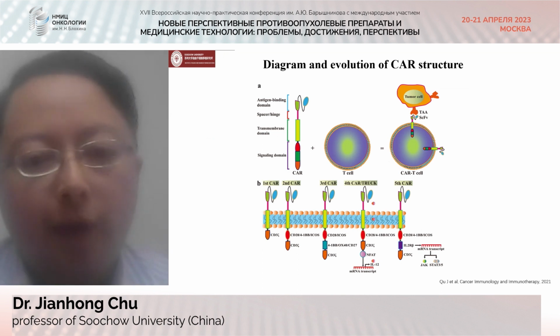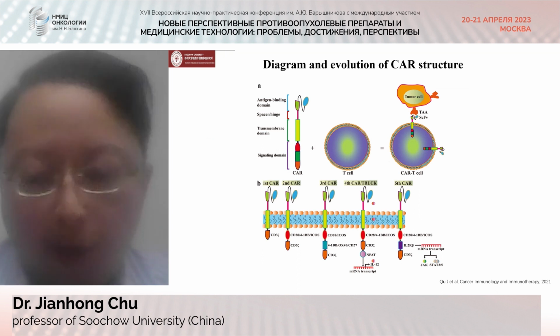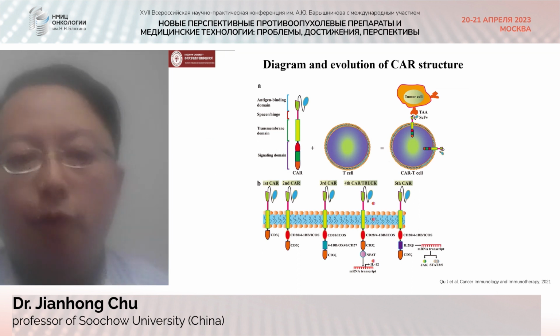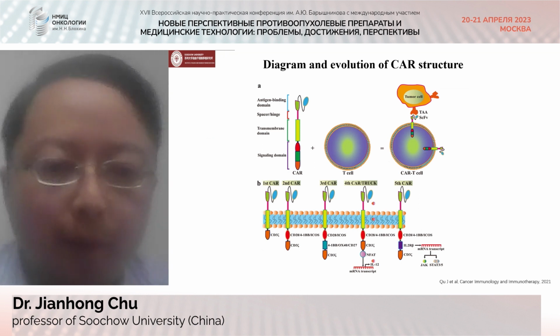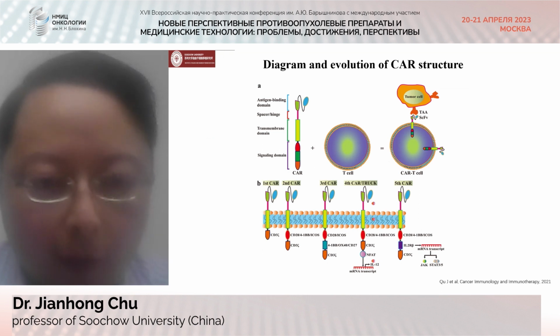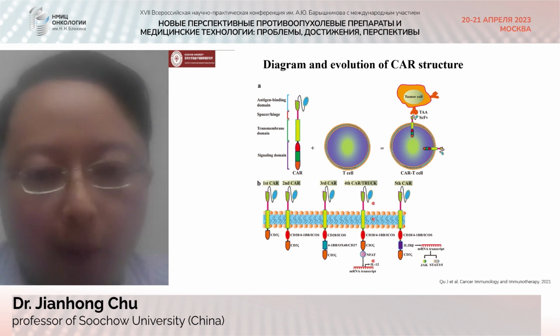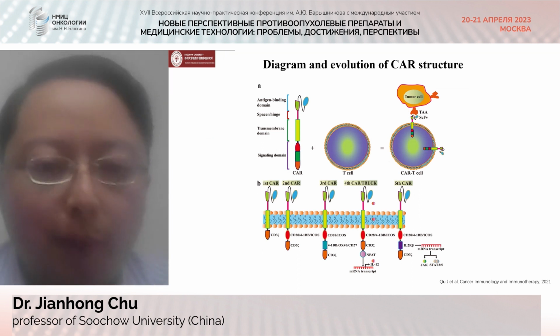There are 5 different generations of CAR so far, and the generational difference in the CAR structure can be found mainly in the intracellular signaling domain. The first generation of CAR does not have the co-stimulatory domain, while the second generation and the third generation CAR contain 1 and 2 co-stimulatory domains, respectively. The fourth generation of CAR and the fifth generation of CAR are built on the basis of the second generation of the CAR.